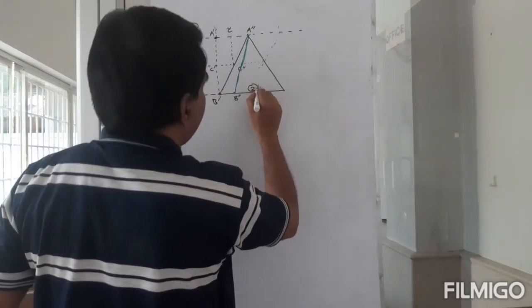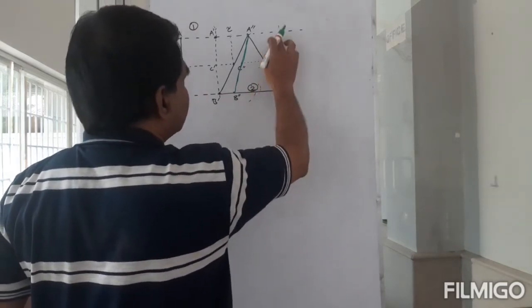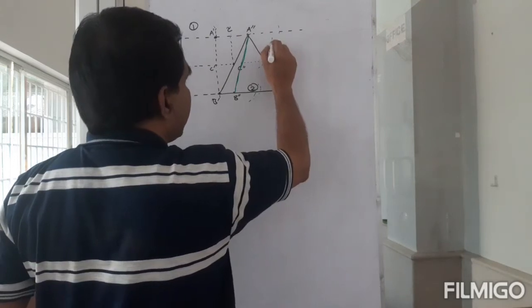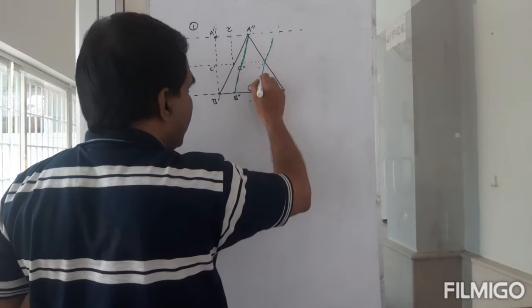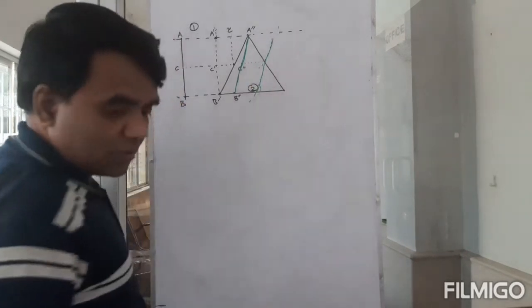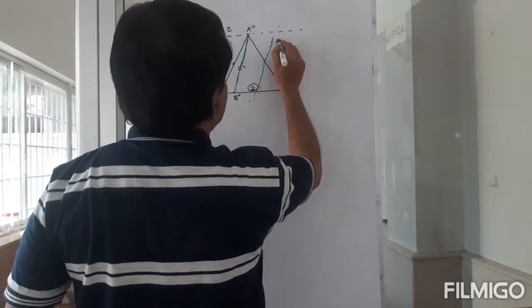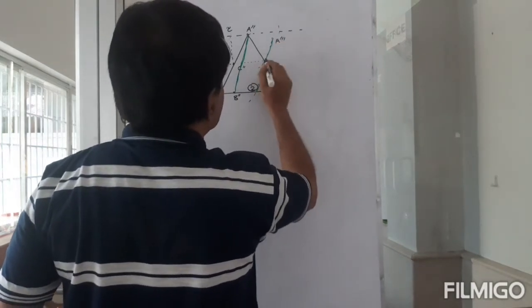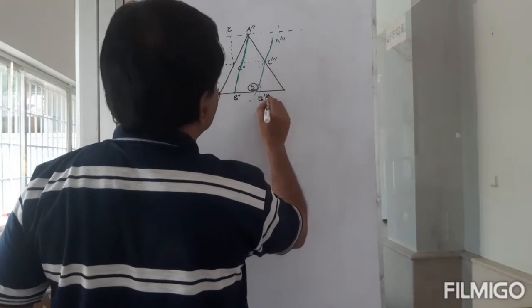Okay. So if we join all these, this is going to be my new wavefront. So this will be my A triple dash, and this will be my C triple dash, my B triple dash.